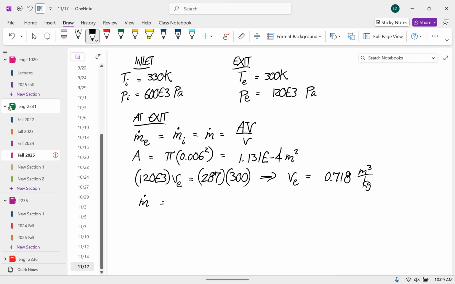Okay, so m dot is equal to 1.131 times 10 to the minus 4 times the speed at the exit divided by 0.718.